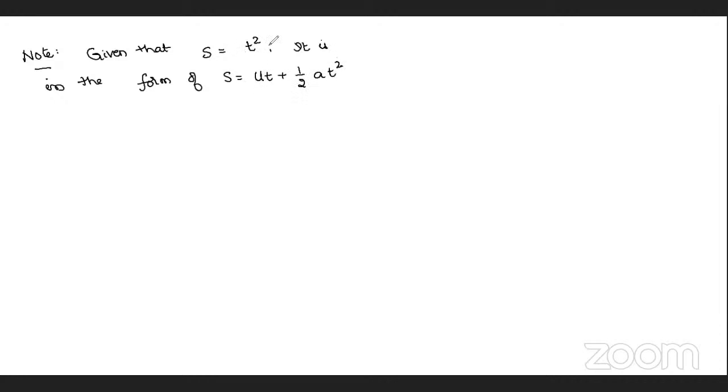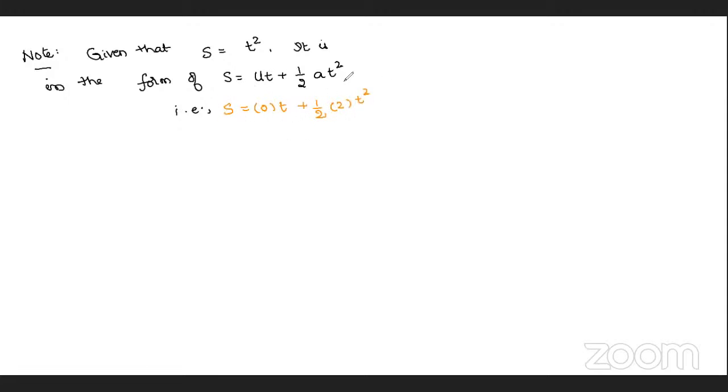Look at how I am writing. Observe keenly here. s equals u, I am putting 0, into t, plus half, a I am writing 2, into t square.